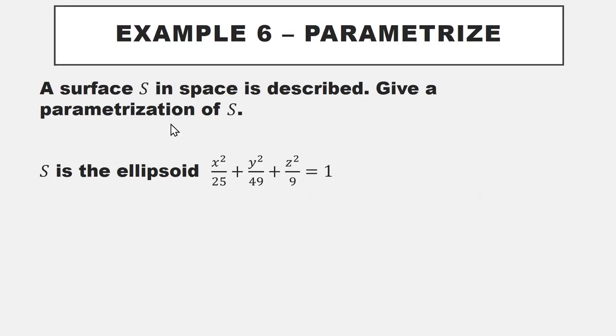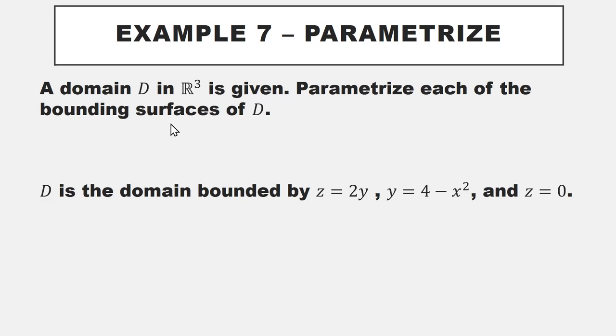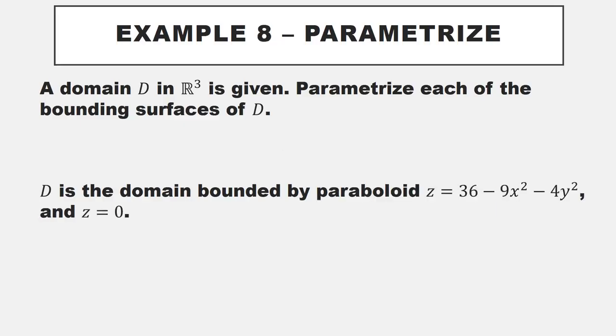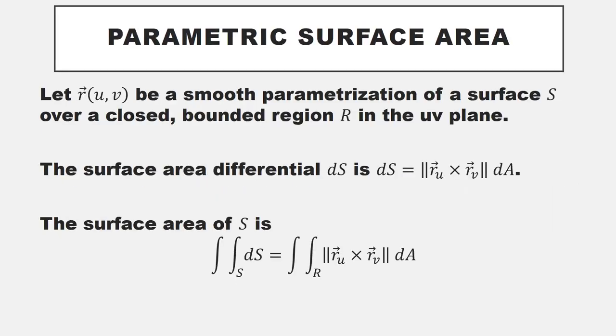We've used a variety of techniques, and now we've parameterized the bounding surfaces of a given domain in R3. That means we have to parameterize more than one thing. We've done that a couple of times. And so let's move on to looking at some uses of these parameterizations.